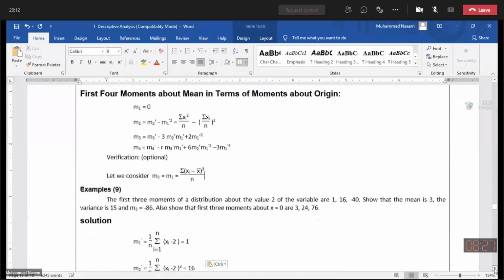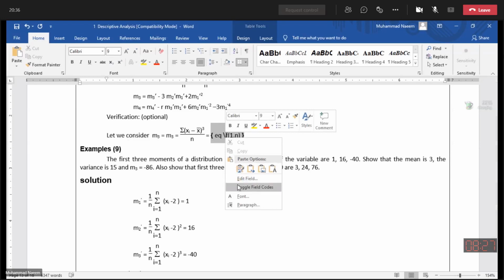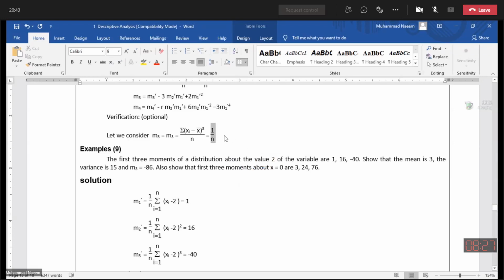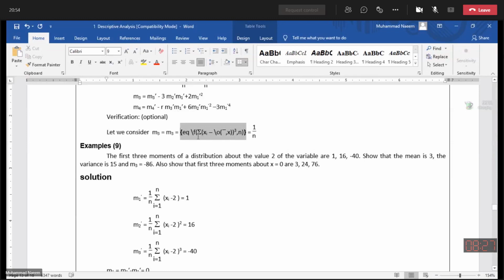Now we need to expand this cube. We can express it as by taking 1 over n outside and rest of the expressions are only sigma xi minus x bar cube.